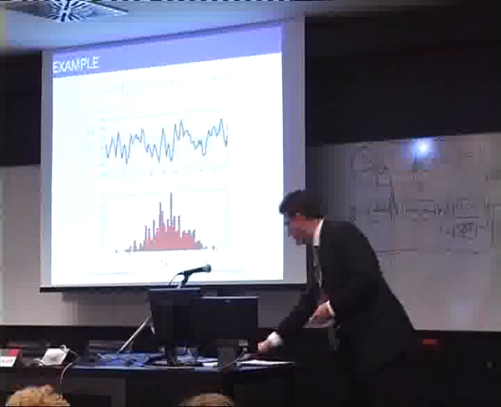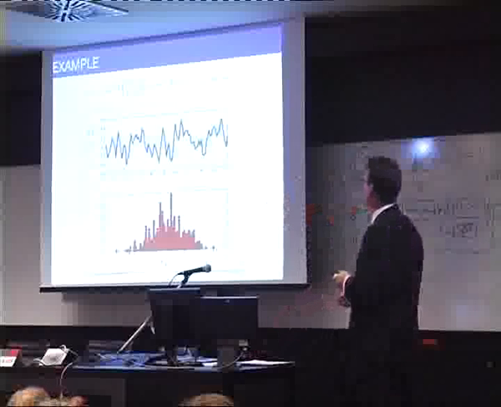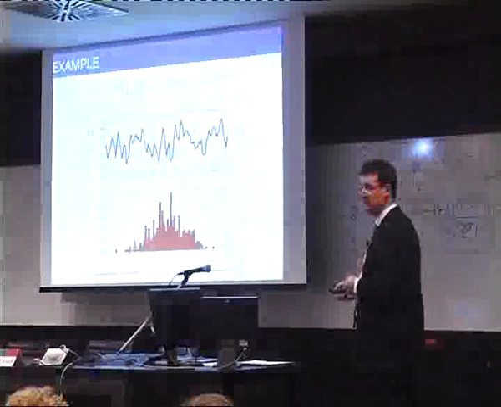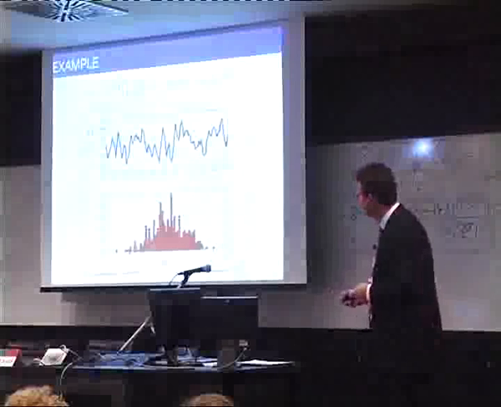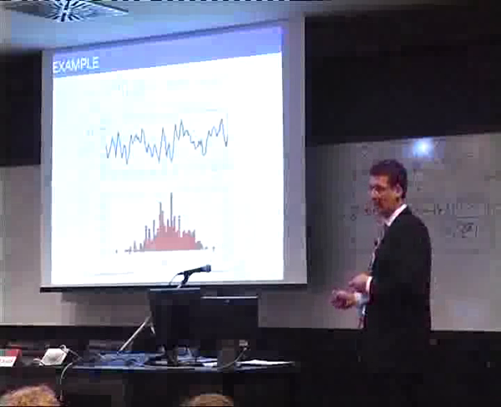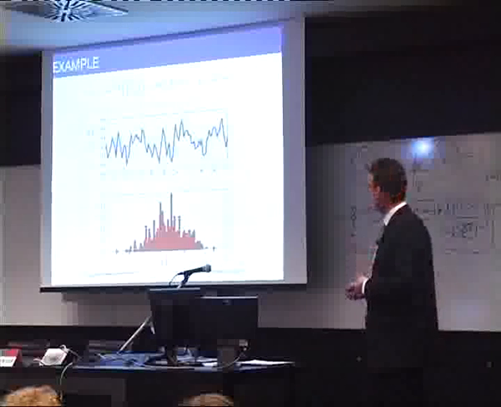What does it look like? Well, here's our simple example again. The blue here is a state trajectory for a simulation I did of this system. And the draws down here are from the filtering density at time t equals 1 at the moment. It will progress with time in a moment. So these are the random draws from a random number generator from the filtering density at t equals 1.